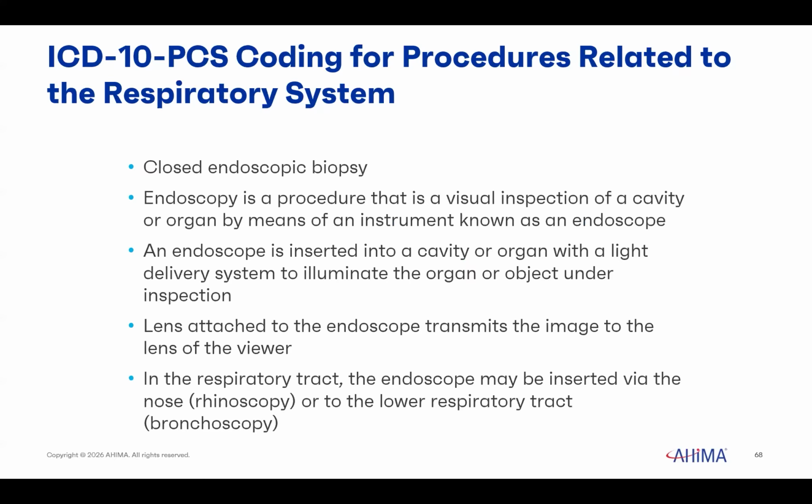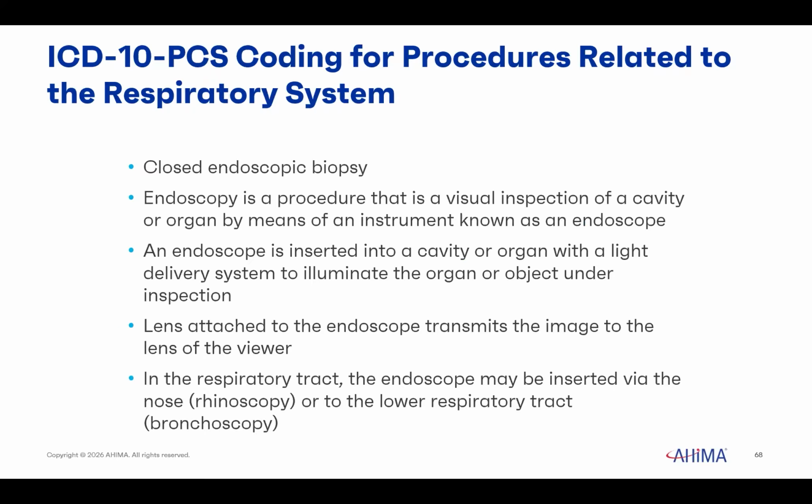So let's take a look at a closed endoscopic biopsy. The PCS rules tell us that the root operation is going to be an excision. So what's the approach? Well, if we use a scope, the approach is via a natural or artificial opening, endoscopic.